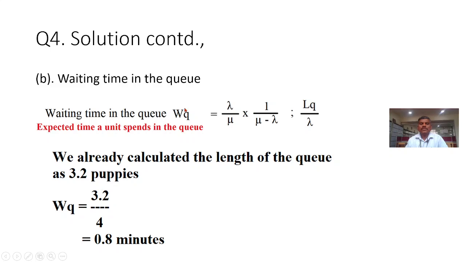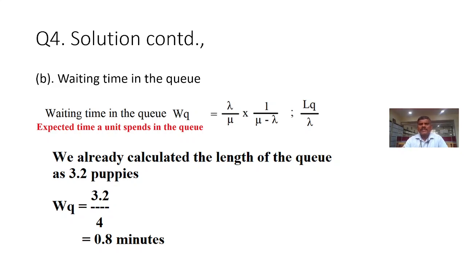We can move on to the third subdivision, which is C, waiting time in the queue. Waiting time in the queue can be solved using either this formula, or we already know we have calculated the length of the queue, which is 3.2 puppies. If you want to take the rounded off figure, then it will be 3 puppies. So waiting time in the queue, WQ, is equal to 3 by 4, which gives 0.8 minutes.